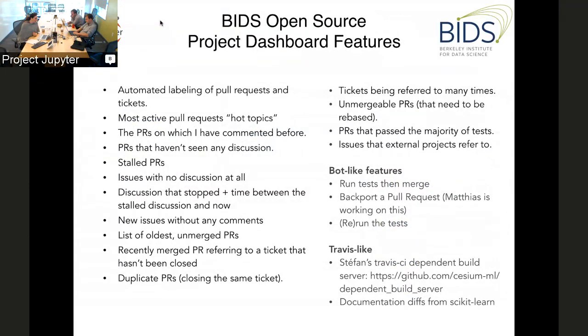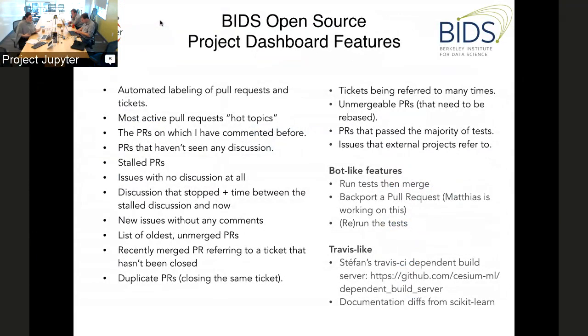So they're looking for automated labeling of pull requests and tickets, and I think that's something Matthias is working on a little bit. So we're making some progress there. I should also mention Matthias is involved with that project as well. Whether he's got the time for it or not, he's helping propel the development of that.